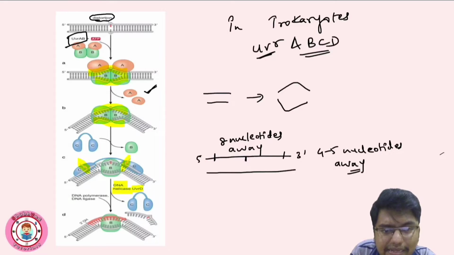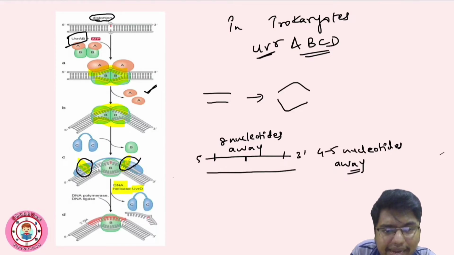In the previous step, we saw UVRC is just making the cuts, but the nucleotides are still attached to each other. So in the next step, UVRD helicase will come, break the bonds and separate the damaged strand.